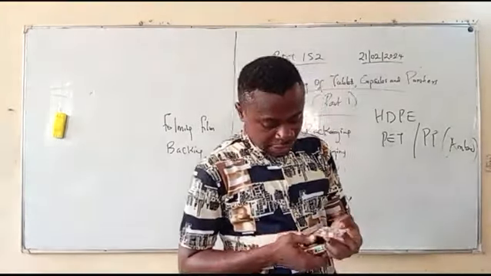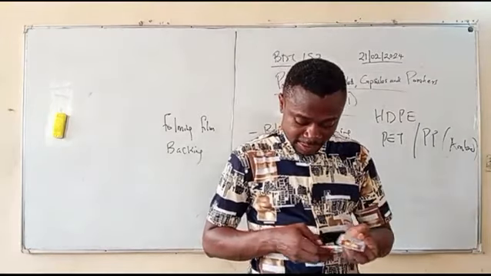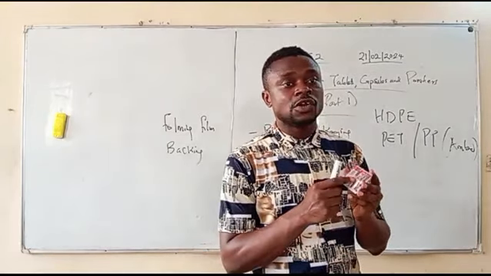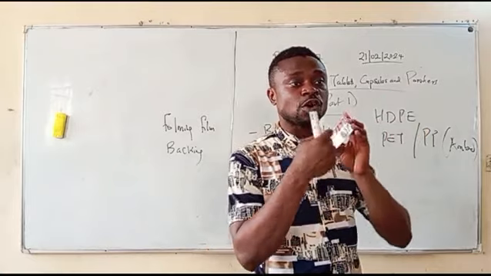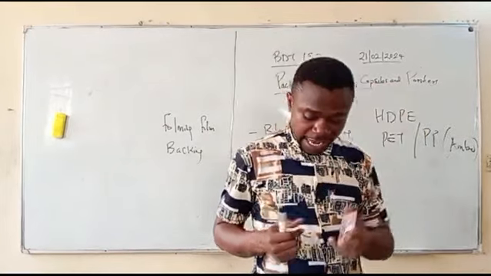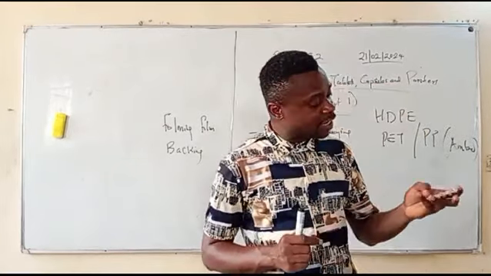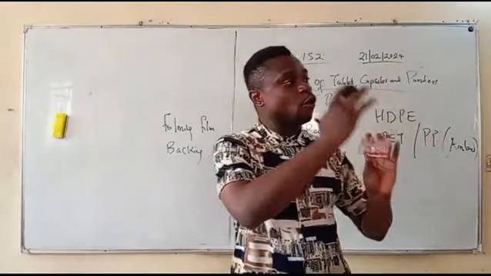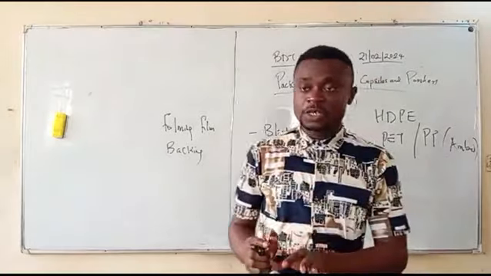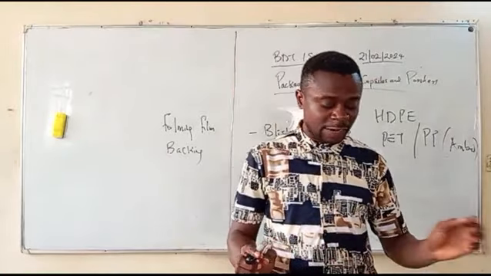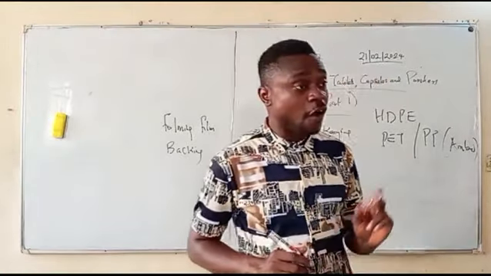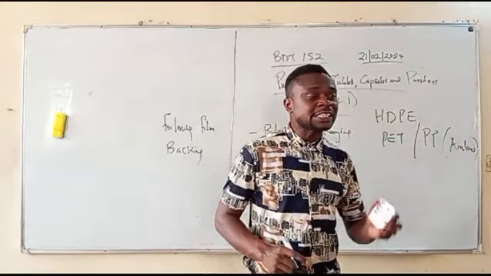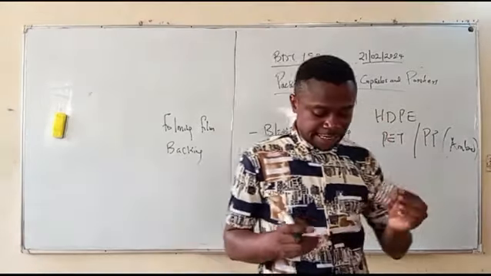Now let's pick this forming film. What materials are used in the production of this film? There is a list of materials that can be used. Number one is PVC, polyvinyl chloride.